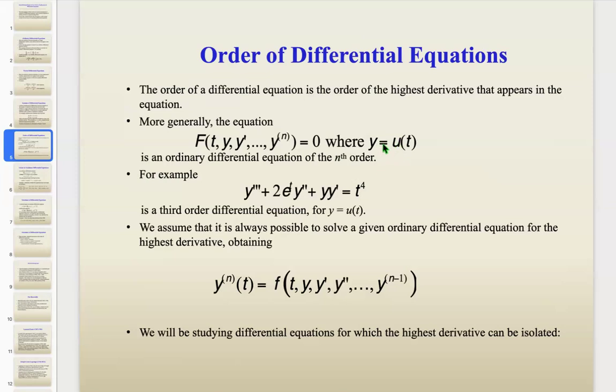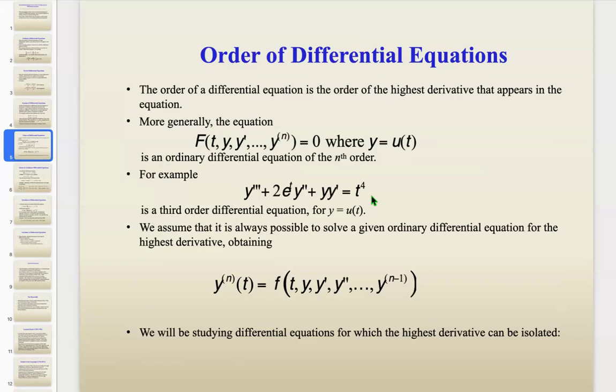This should say where y is y of t, a function of t only. For example, you might have an equation that looks like y''' plus 2e^t y'' plus y y' equals t^4. So this is an ordinary differential equation.